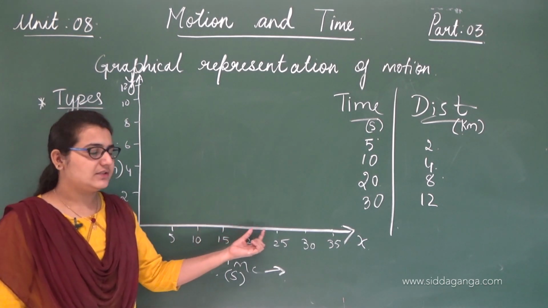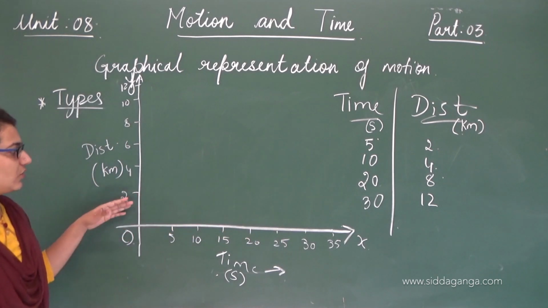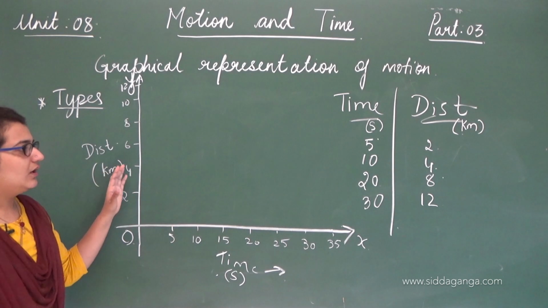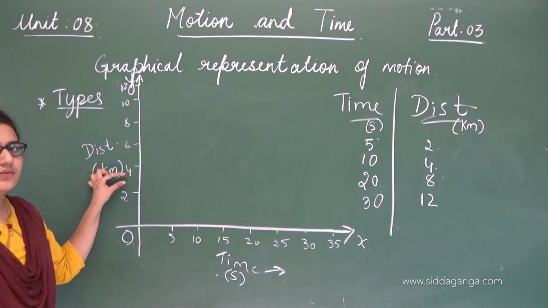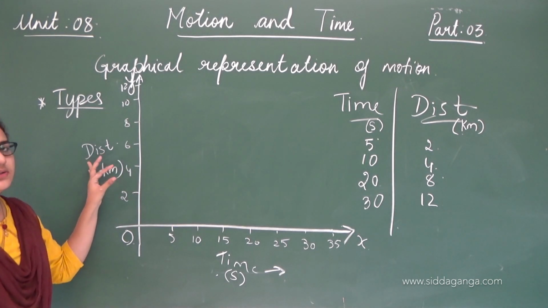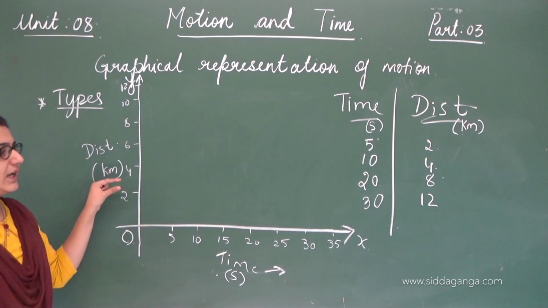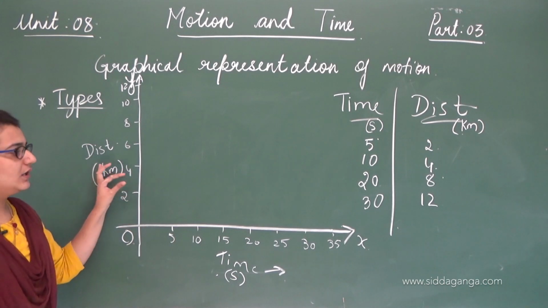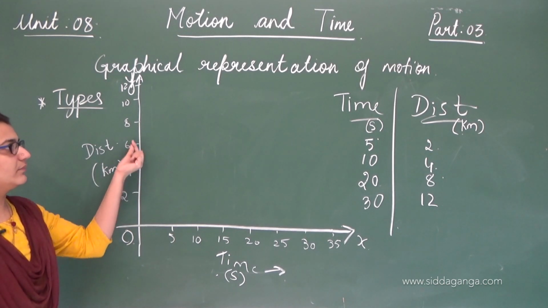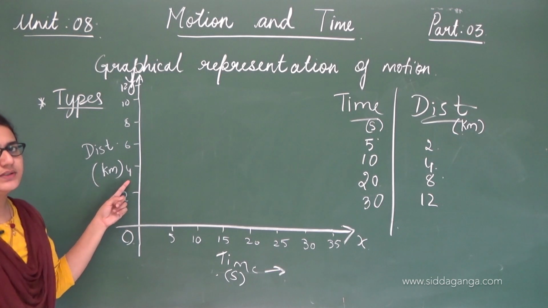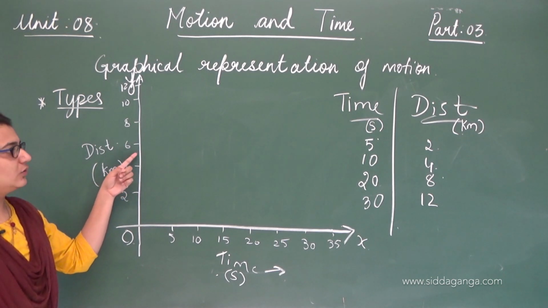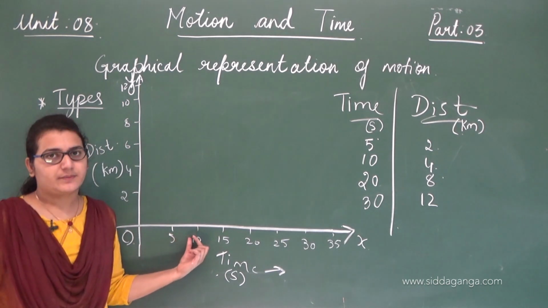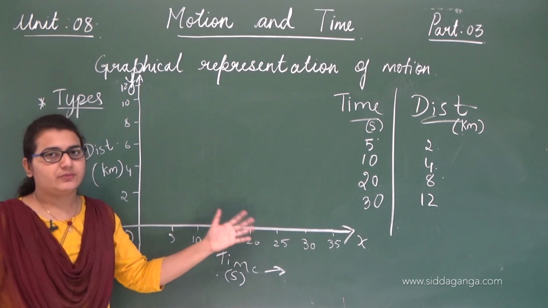Also for distance we cannot just take 2, 4, 8, 12. The gap should be the same: here we have a 2 unit gap, and it should be repeated. For time we have a gap of 5 units, and it should be maintained.